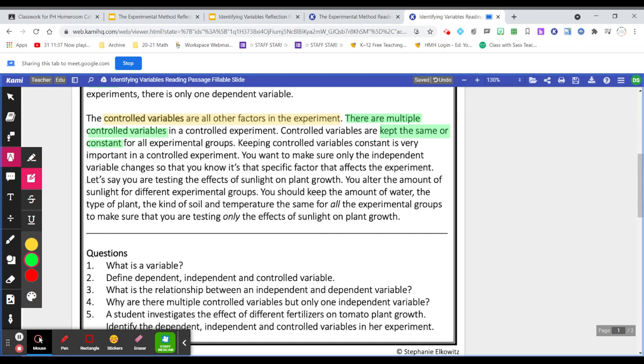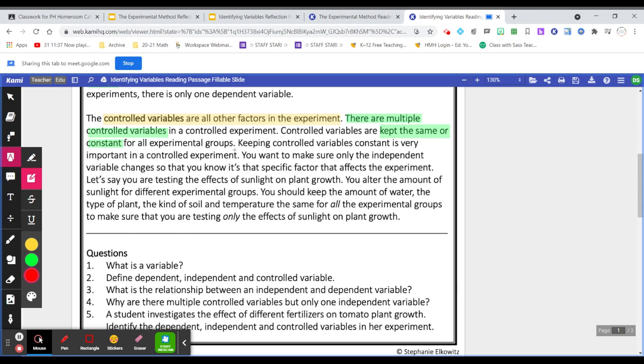You want to make sure only the independent variable changes so that you know it's the specific factor that affects the experiment. Let's say that you're testing the effects of sunlight on plant growth. You alter the amount of sunlight for different experimental groups. You should keep the amount of water, the type of plant, and the temperature the same for all of the experimental groups to make sure that you are testing only the effects of sunlight on plant growth, right?